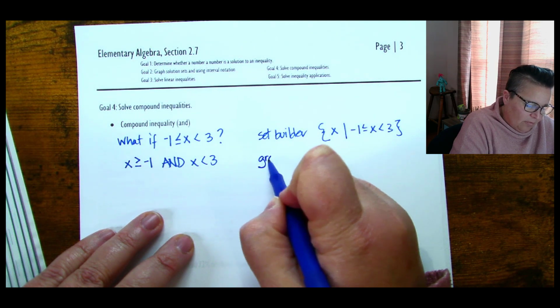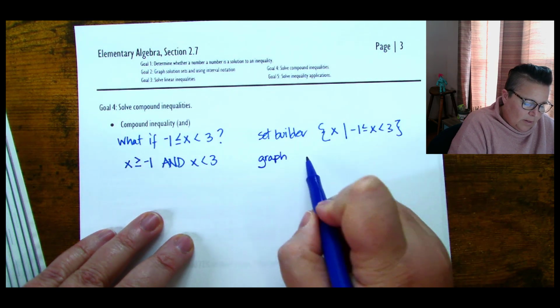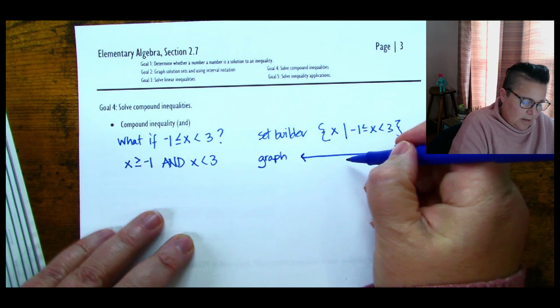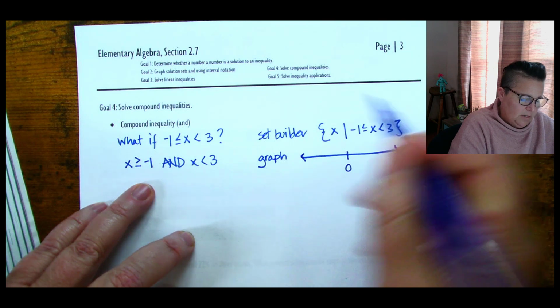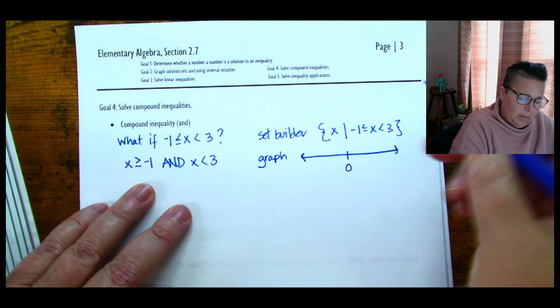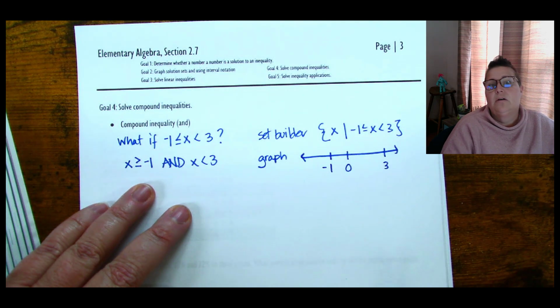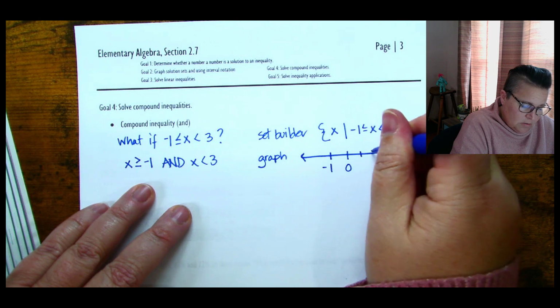On a graph, we actually have to consider, first of all, the important numbers. I'm going to put my 0 in on this one, but I also need to have a positive 3 and a negative 1. Notice I'm not putting in all the other numbers. You can if you want.